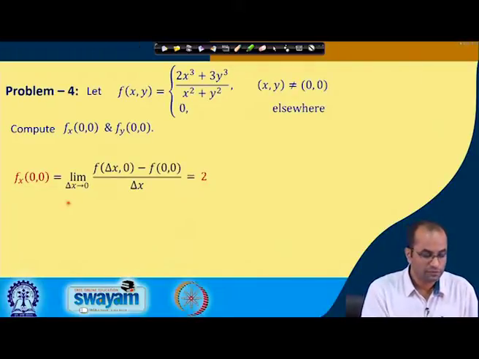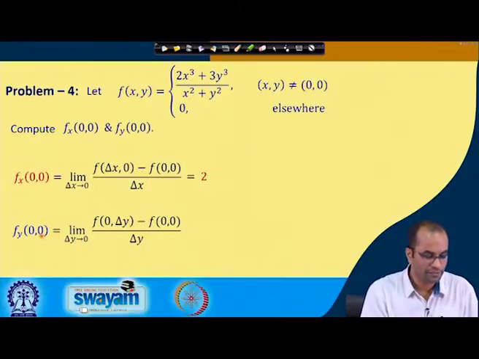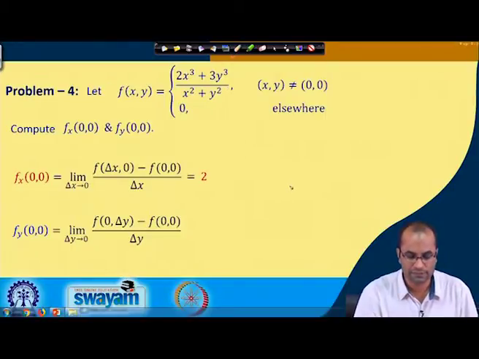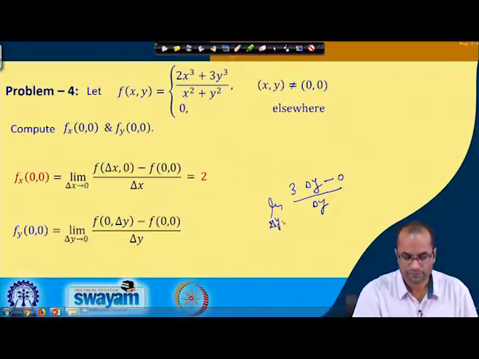Okay. Now, the second, when we compute f_y at (0,0), we have a similar situation again, f(0, delta y). So, this time the delta y will remain. So, we will have here 3 times delta y minus f(0,0), which is 0, over delta y, and delta y goes to 0.